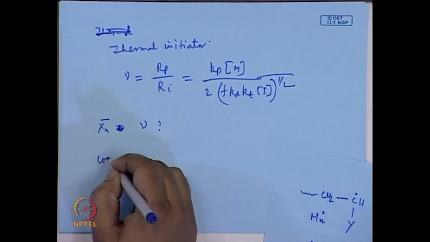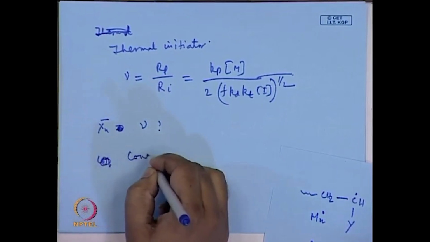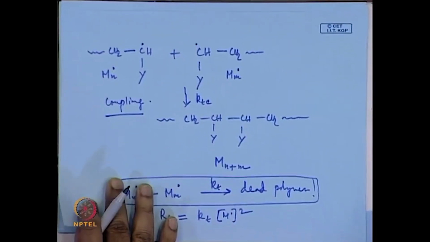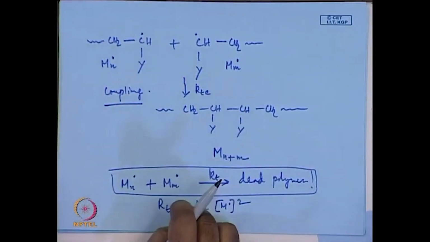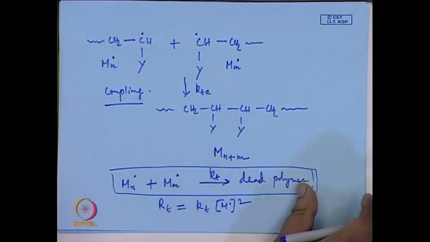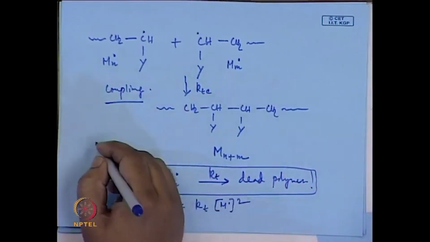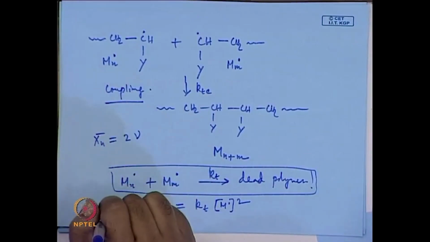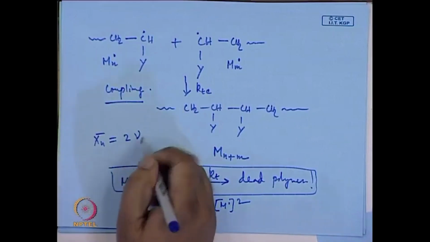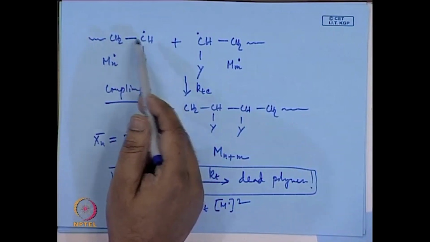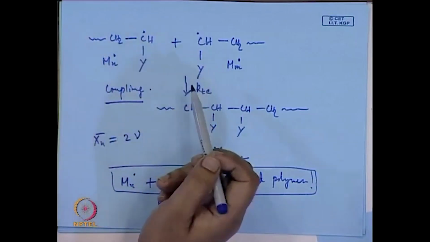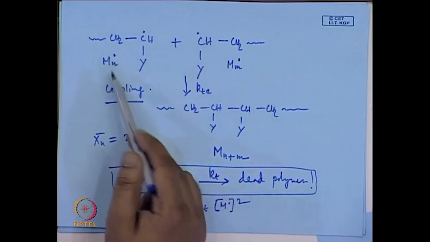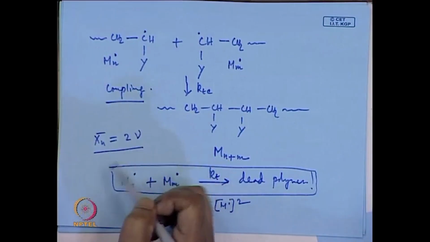How are these related? If the termination is done by coupling, then Xn bar, the average degree of polymerization, would be twice nu. Nu is the average number of monomers consumed in this chain. So, the degree of polymerization will be the summation of this plus this, and we are talking about average. So, it is 2 nu.